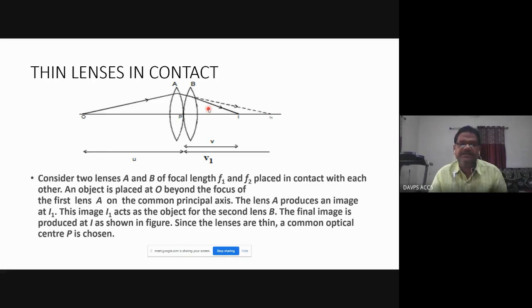Two thin lenses A and B, of focal lengths f1 and f2, placed in contact with each other.